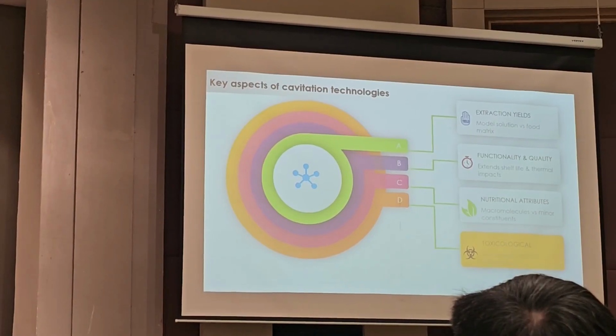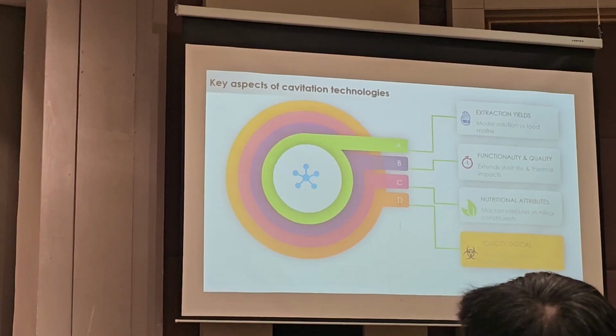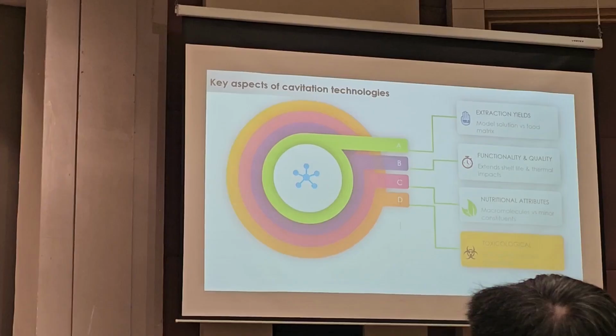In some cases, with certain technologies, not reported much in ultrasonics, it reduces a certain amount. For example, if we give UV treatment and it reduces cholesterol, because cholesterol is converted into dehydroxycholesterol, which is not detected by HPLC, we say cholesterol is reduced, but it's converted into a more toxic form.